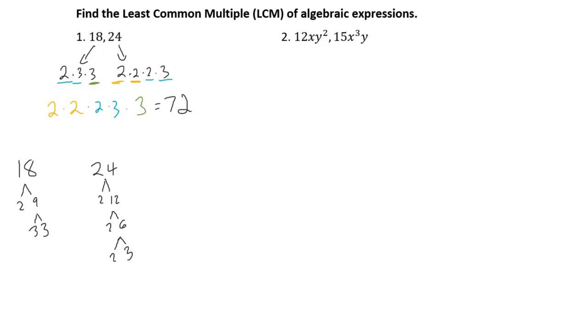All right, let's look at these as factors. Well, 12 is 2 times 2, which is 4, times 3, which gives you the 12, times x times y times y. 15 is 3 times 5, times x times x times x for the x to the third times y.